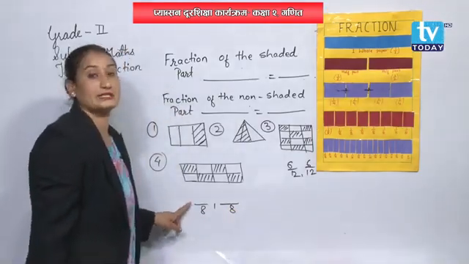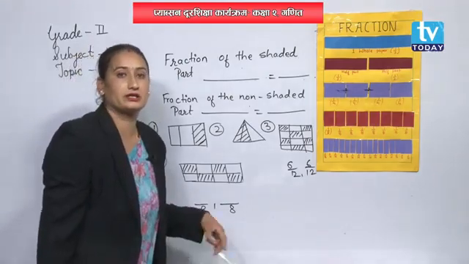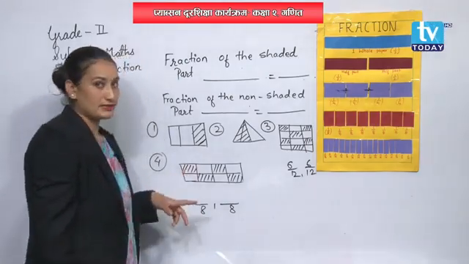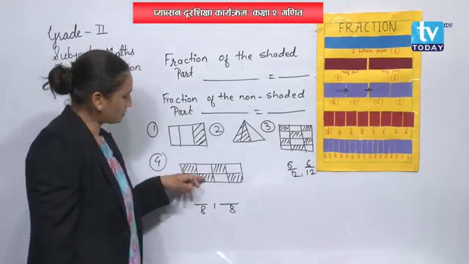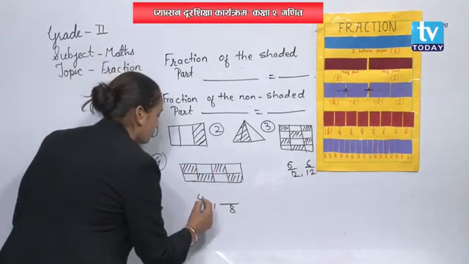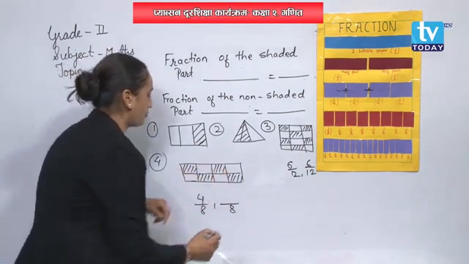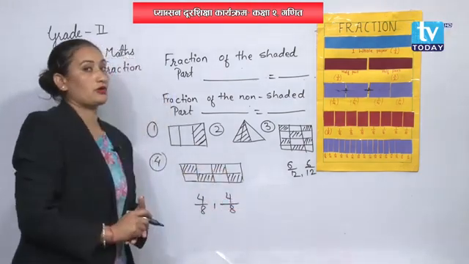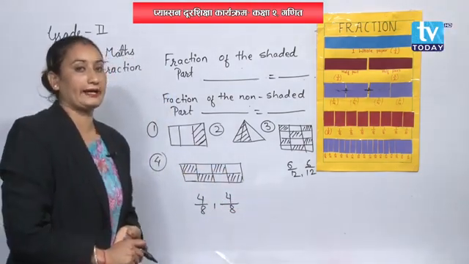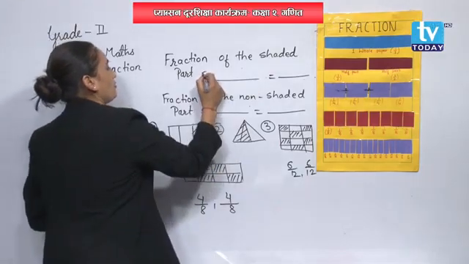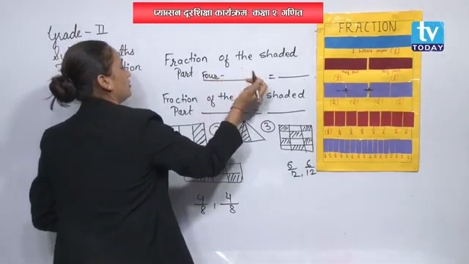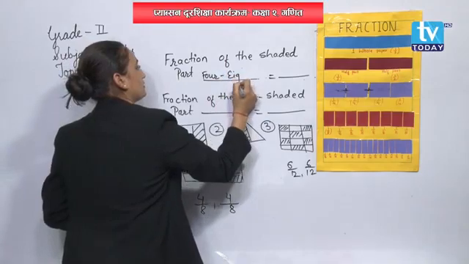First one is for the shaded part and the second one is for the non-shaded part. How many parts are shaded? Let's count. 1, 2, 3, 4. Another 4. So how to write? 4 by 8. That means 4 eighths.